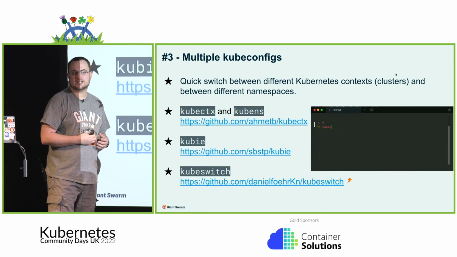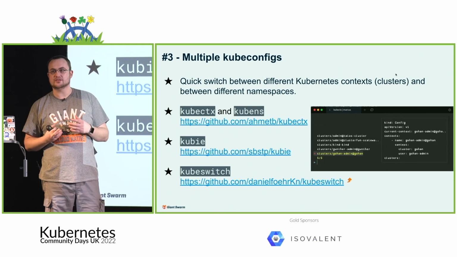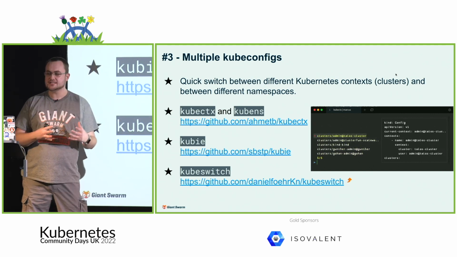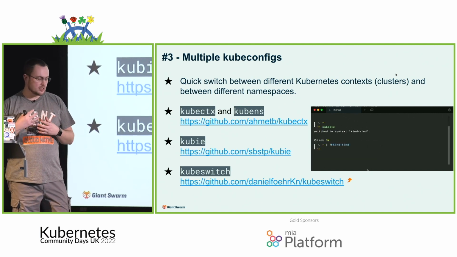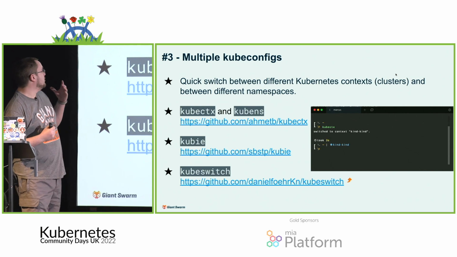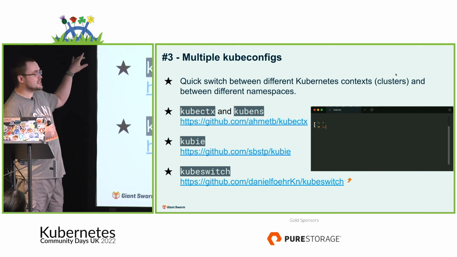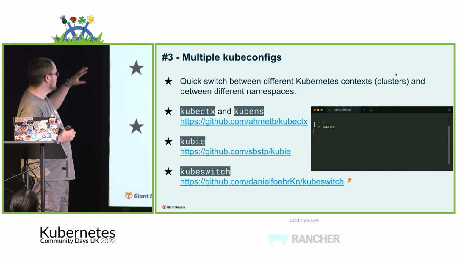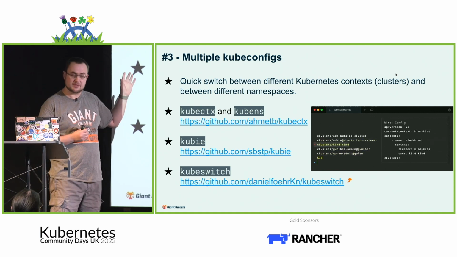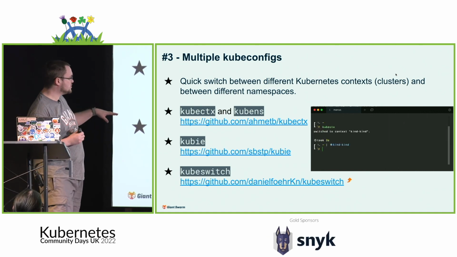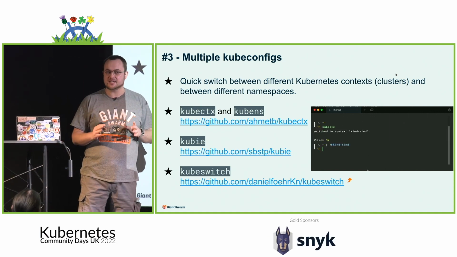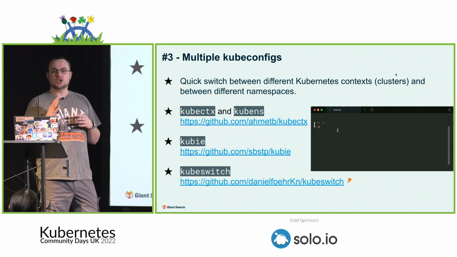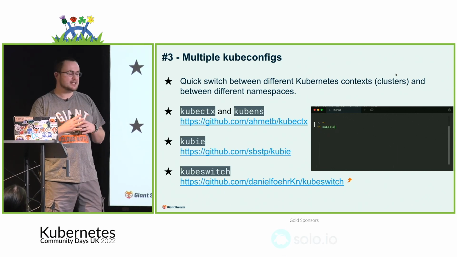There are some tools out there that make it easier to deal with multiple Kubernetes contexts. kubectx and kubens are both the same tool, giving you two CLI tools under the same installation. Kubie and kubeswitch all effectively do the same thing. They allow you to manage multiple Kubernetes clusters and switch between them easily.